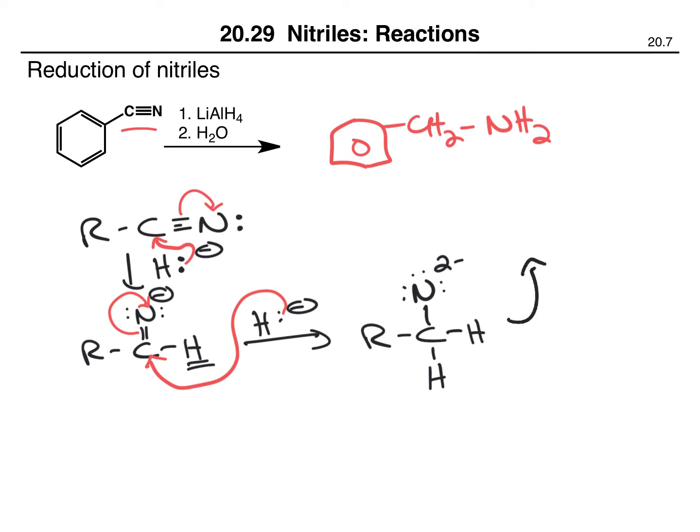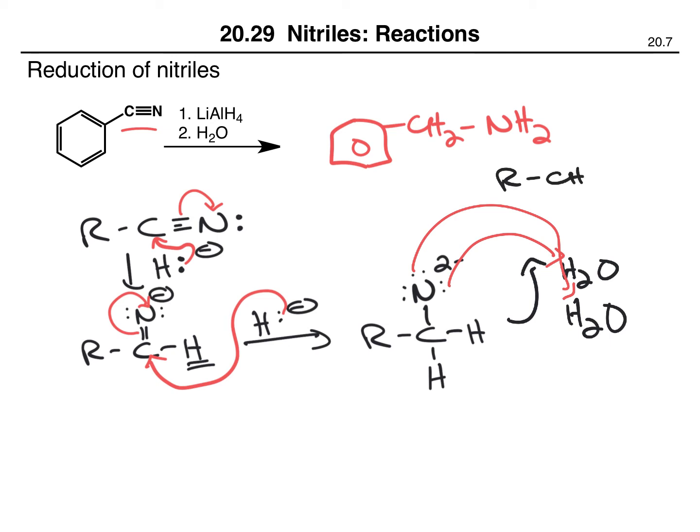Okay, and then when this is worked up with water, this can grab a proton and this can grab another proton, and that will bring us to H and H. So the nitrogen still has 1 lone pair. Again, notice this was our hydride and this was our hydride.